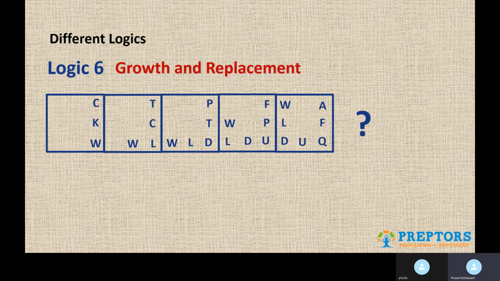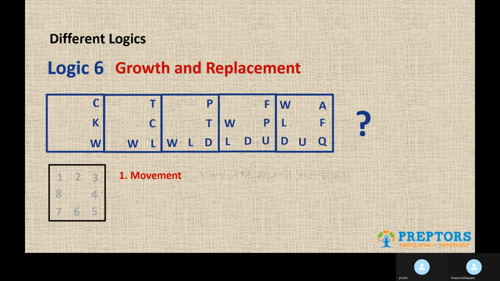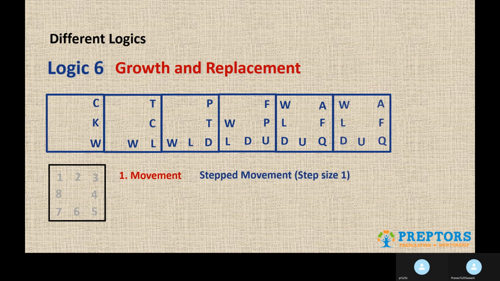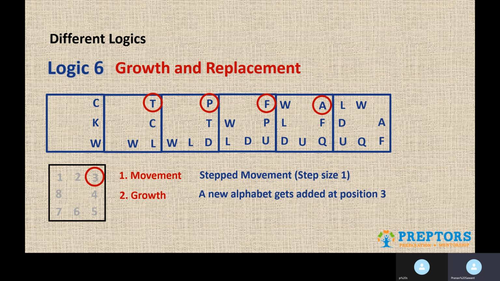Moving to next question, that is growth and replacement. Now first, this is the movement. That is step movement, step size 1. So this is how the movements will happen. Second, it is growth. Growth means a new alphabet gets added at position 3.